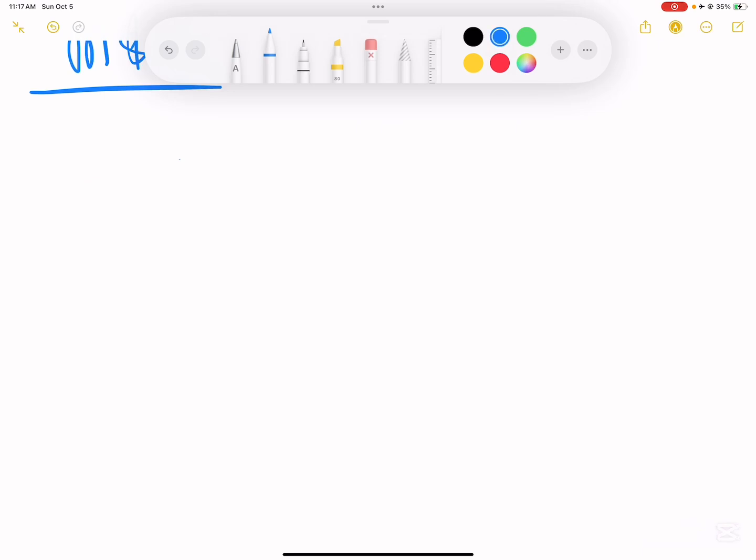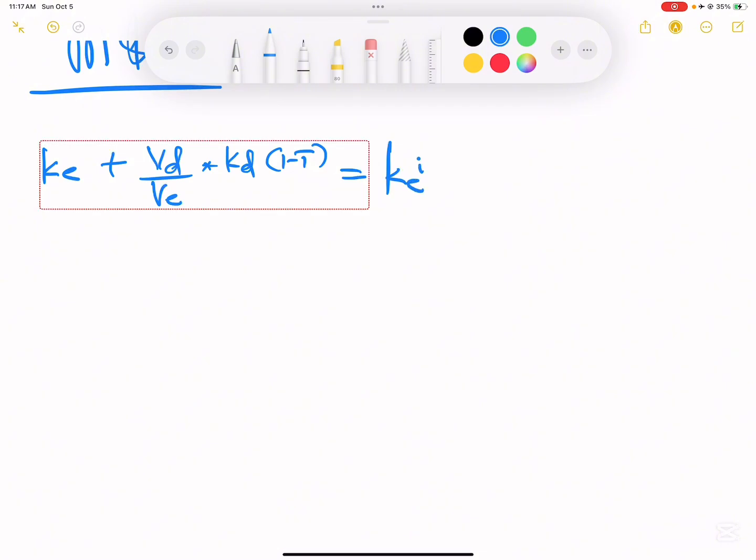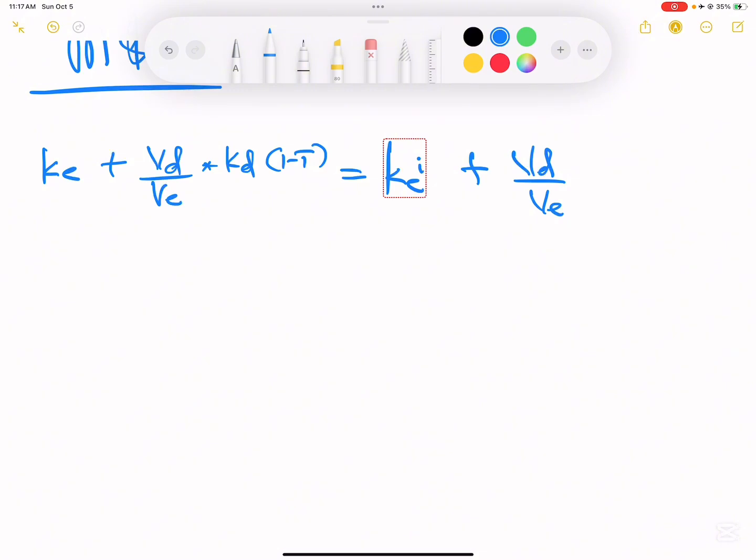So I'm going to write it again. We said cost of equity for the geared company plus volume of debt divided by volume of equity multiplied by cost of debt into (1 minus T) is the same thing as cost of equity for the ungeared company, that's KEI, plus volume of debt like we have on this side divided by volume of equity like we have on this side.